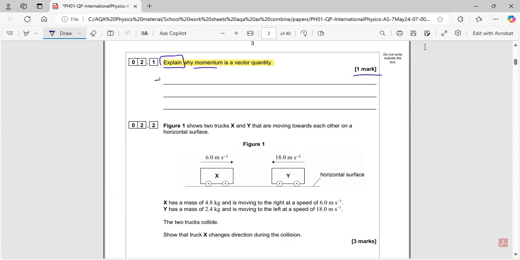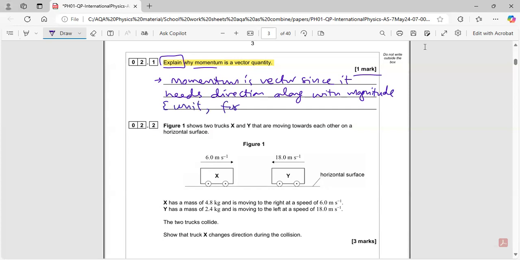So you'll be saying that momentum is a vector since it needs direction along with magnitude and unit for its complete description.